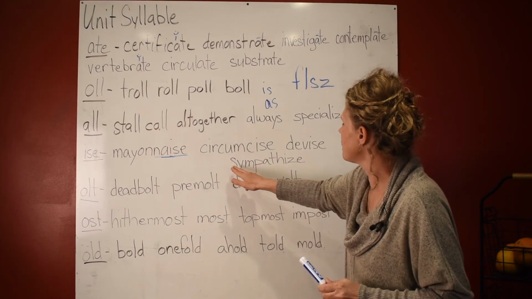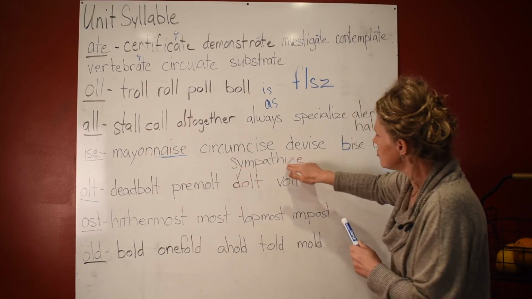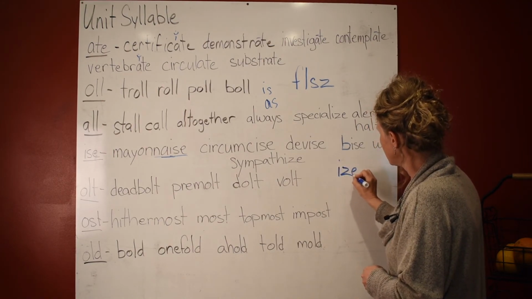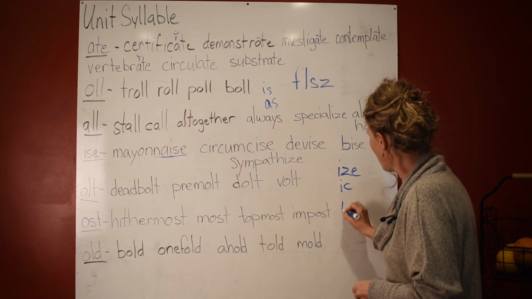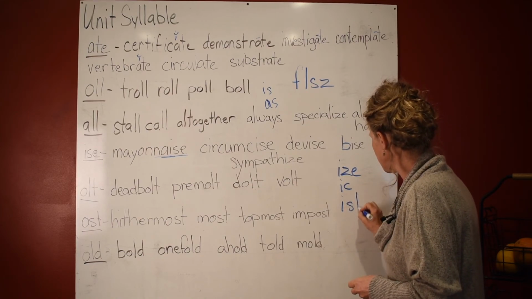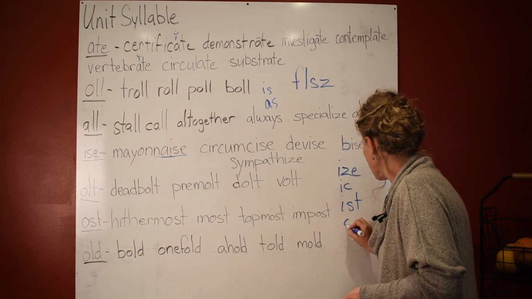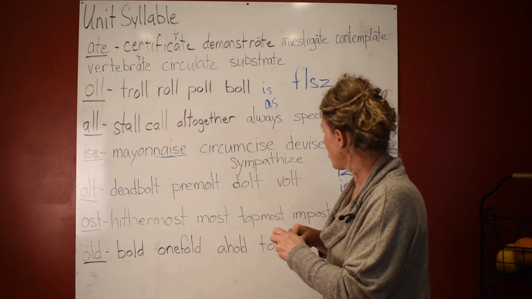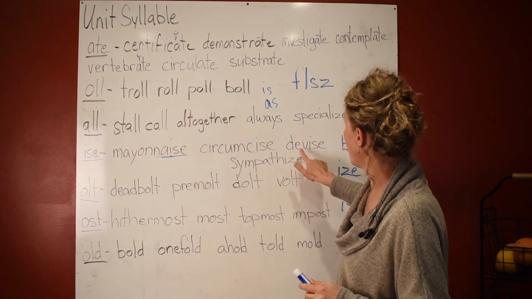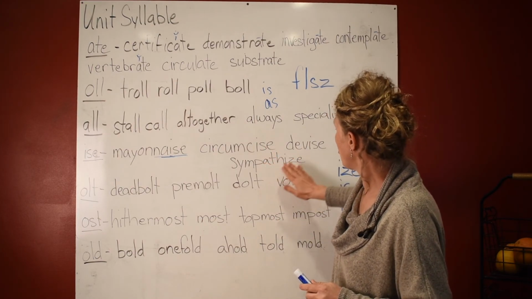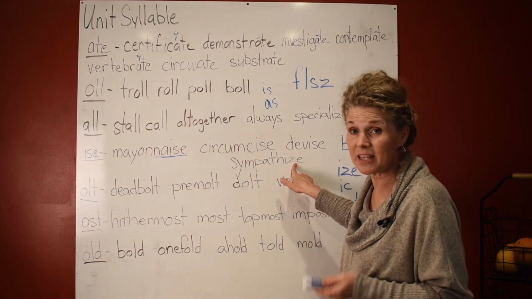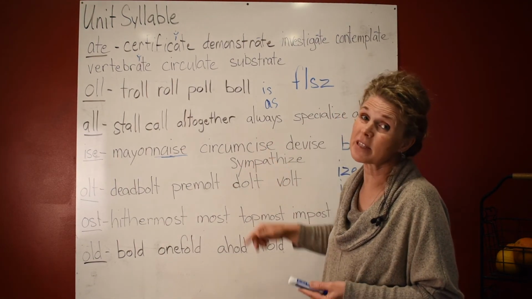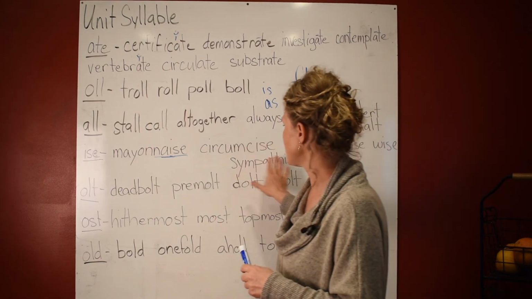So we have sympathize. So now you drop the Y when you're adding an IZE, an IC, or an IST, and sometimes ABLE. But most of the time it's just these three. So that's how you know when to spell it with an ISE, because this IZE is a suffix and this one's not. Unless sometimes it's not, in the English language you'll have some of that.